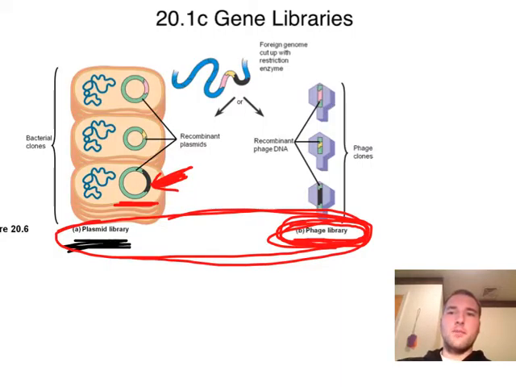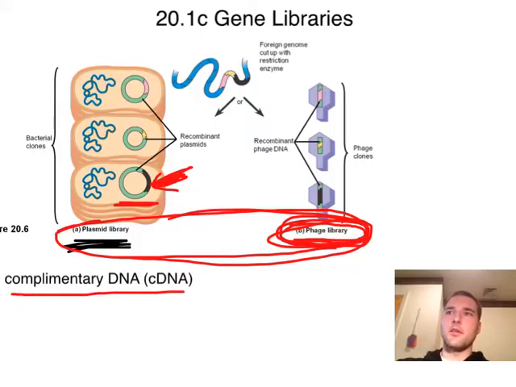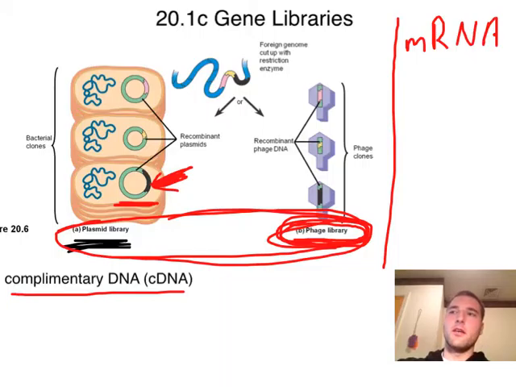So there's another option, called complementary DNA. You can make complementary DNA, and what they do with it, I'm going to make a little flow chart over here, is essentially they take messenger RNA, isolate it from a cell, and put it in the presence of reverse transcriptase, which you learned about when you learned about viruses in chapter 19.